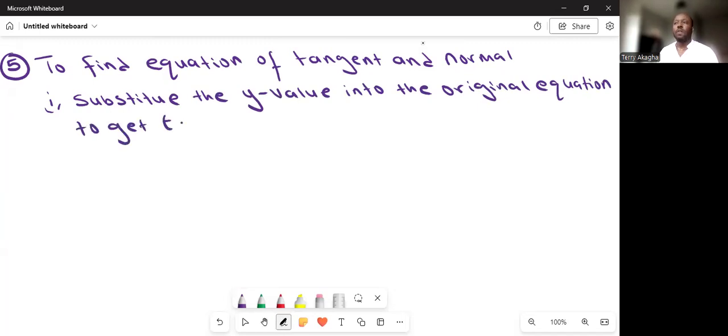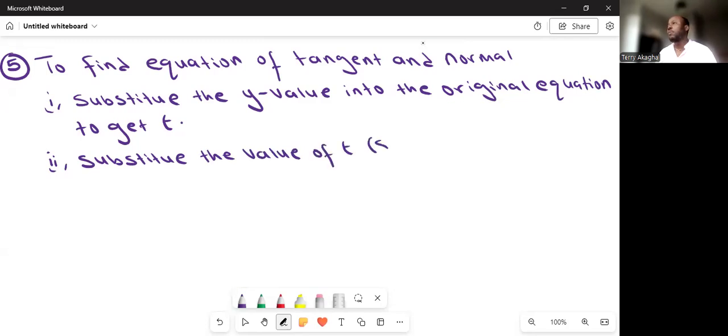Okay. Number 2, after substituting that, you now substitute the value of t, so this is from step 5i, into dy over dx.